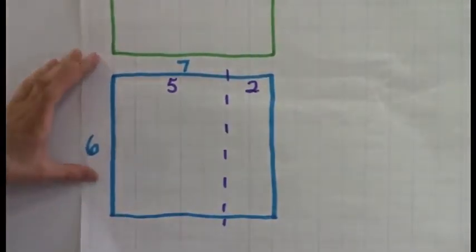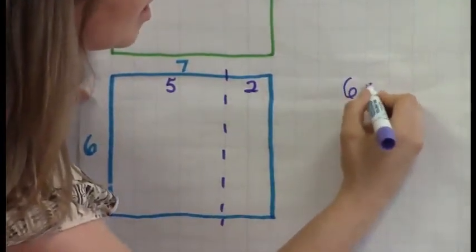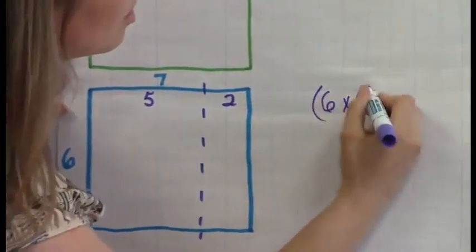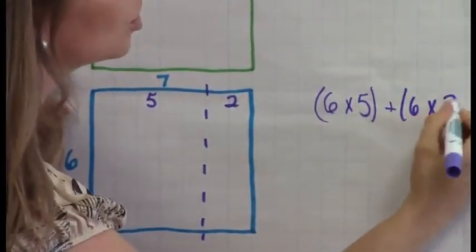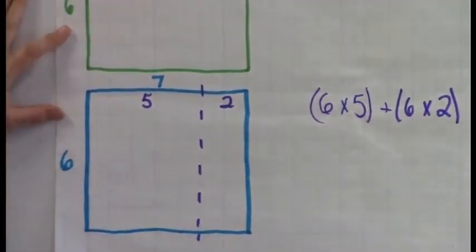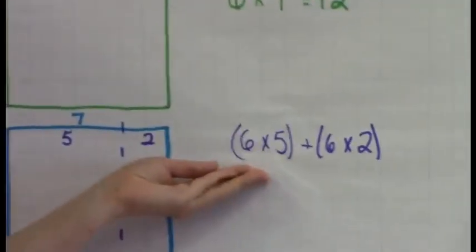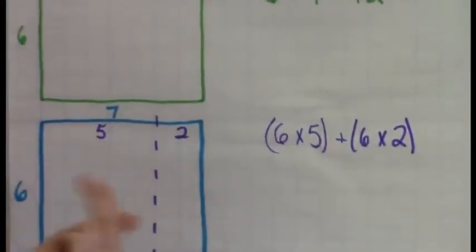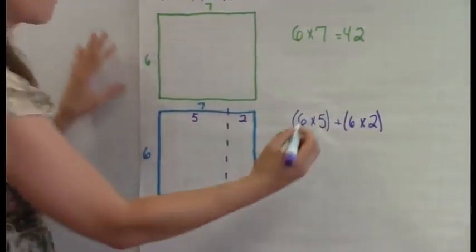And now I've made 2 simpler problems. I've made the problem 6 times 5 plus 6 times 2. And now most children, again, 5s are much easier to count by than 7s. A lot of students should be able to skip count by 5s. They could touch the columns to help them skip count by 5s.